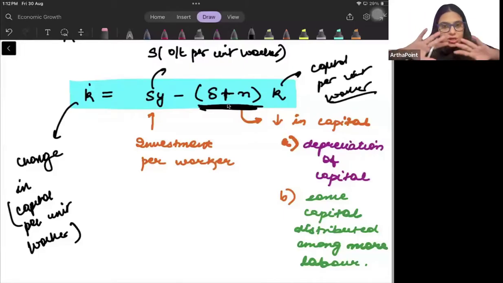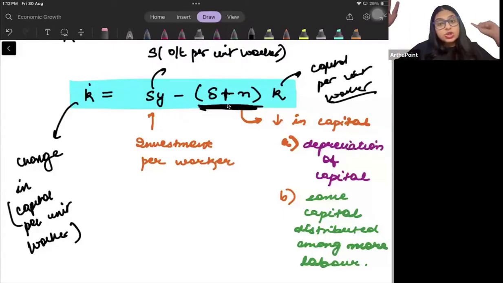Everything is in small k's and small y's now. जो initial capital accumulation equation था, that was in capital K and capital Y. But जो अब वाला equation है, that is in small k's and small y's.